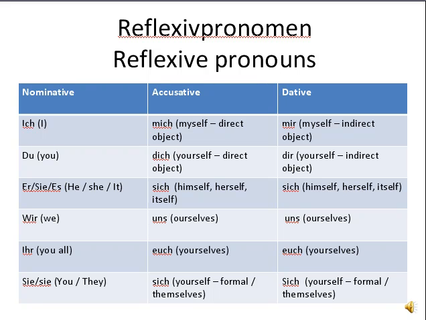It is also sich for the yourself formal and to say themselves. In the dative, or indirect object case, the only two that change are the first person singular and the second person singular reflexive pronouns. They are mir, dir, and then from there on they stay the same: sich, uns, euch, and sich.